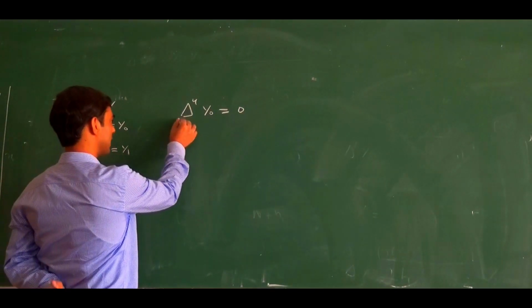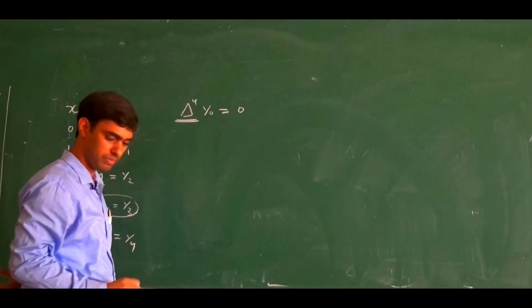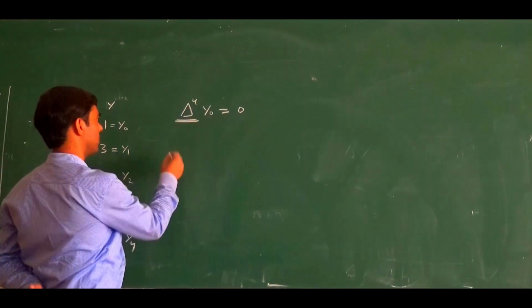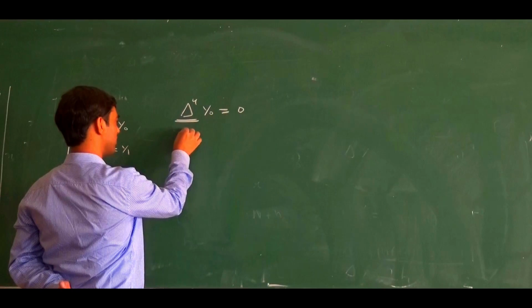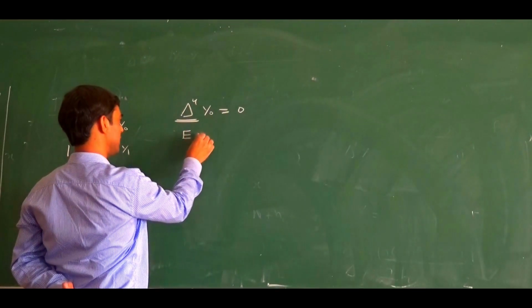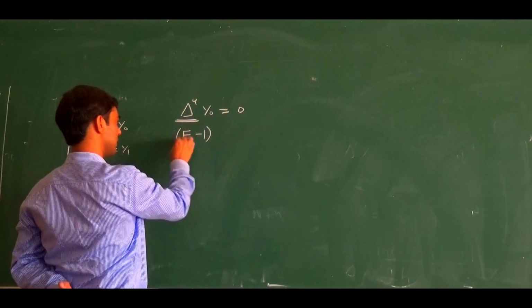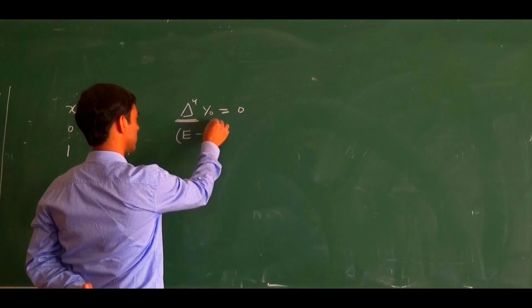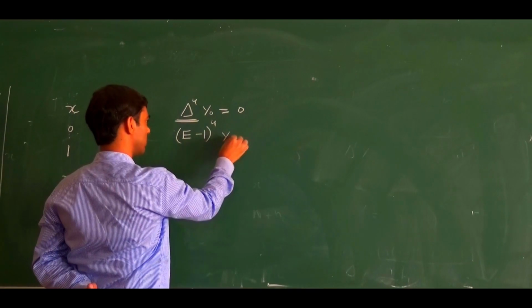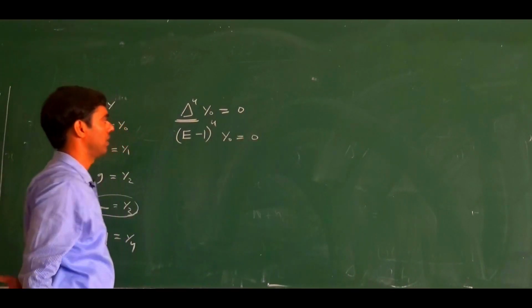So if we write del 4 in terms of the shift operator, del equals E minus 1. So (E minus 1) to the power 4 y0 equals 0.